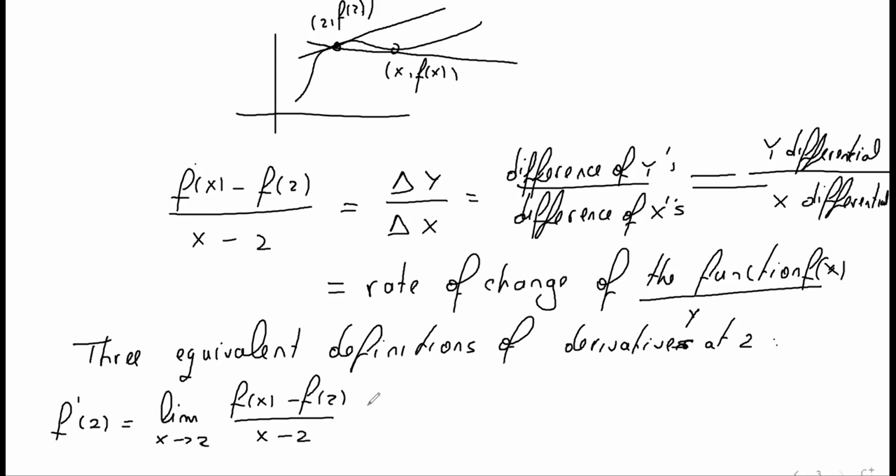All right. The second one is the slope of a tangent line at 2. And the third one is the rate. It's called the rate of change at 2.